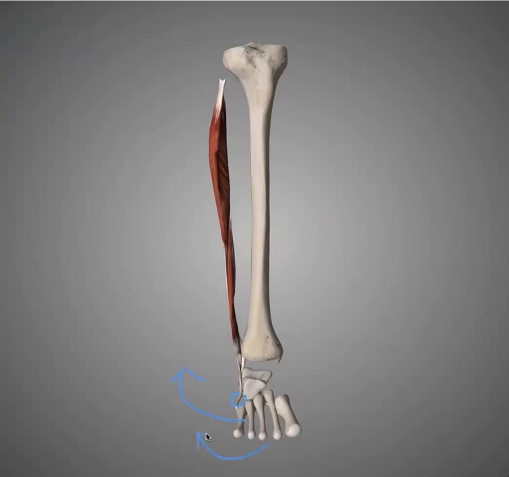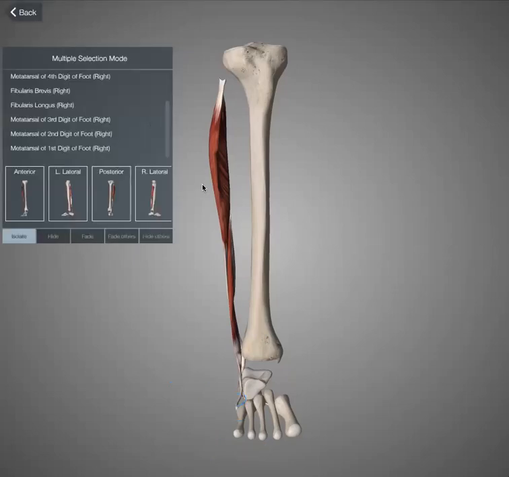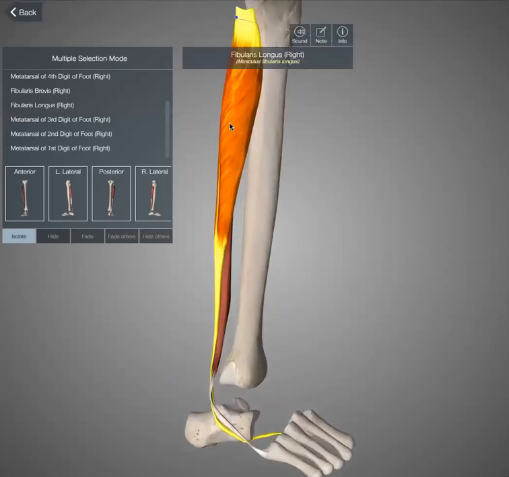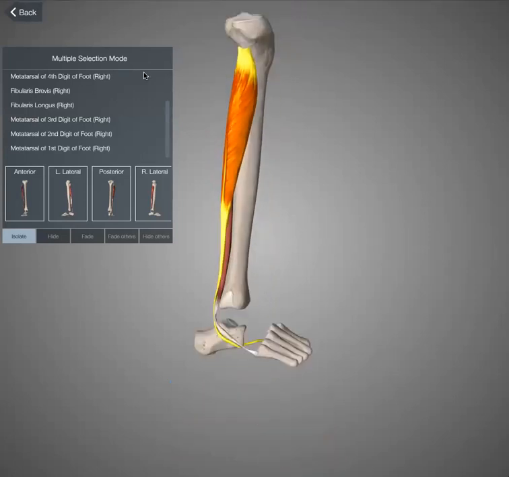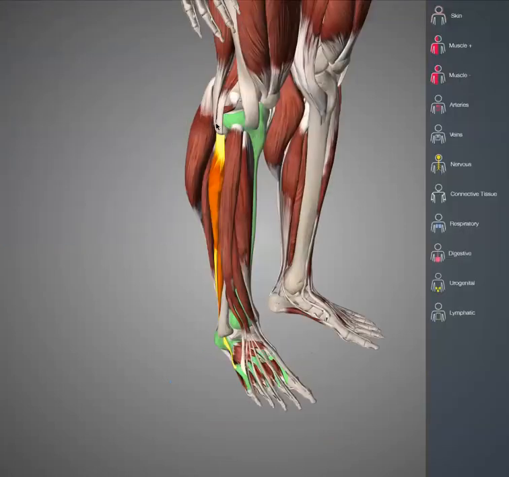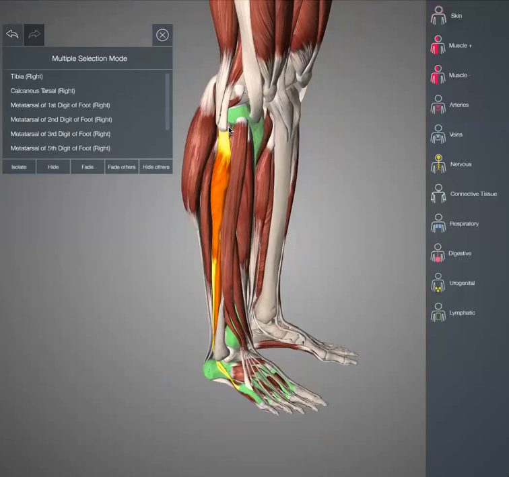And how are they innervated? They're innervated by the superficial fibular nerve. That causes them to contract. Now, fibularis longus, which is this one, I didn't select the fibula actually, because the fibula is what we need here, not the tibia.